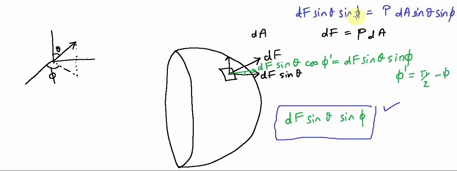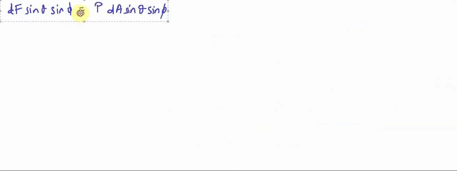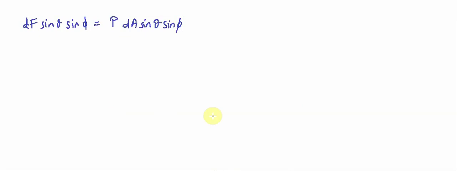So let me take this down somewhere. Alright, now if we integrate this equation on both the sides, then the LHS simply becomes Fp, the force we are trying to find out.